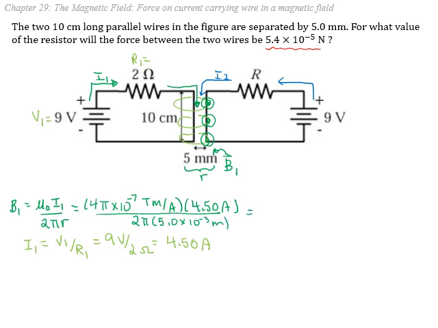And what we get is 1.84 times 10 to the minus 4 Teslas. That's the strength of the magnetic field at the bit of wire in our right-hand circuit. So the bit of wire with current I2 flowing down is sitting in a magnetic field with a strength of 1.8 times 10 to the minus 4 Teslas.